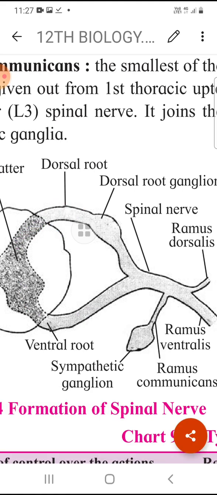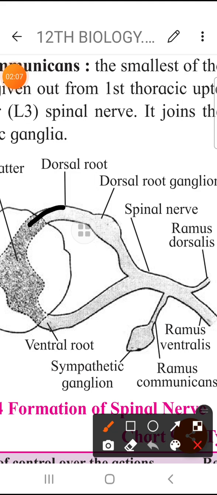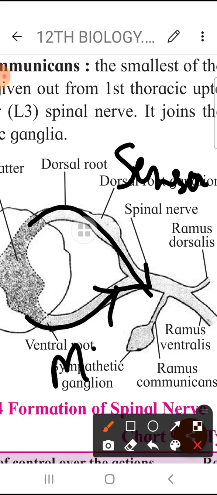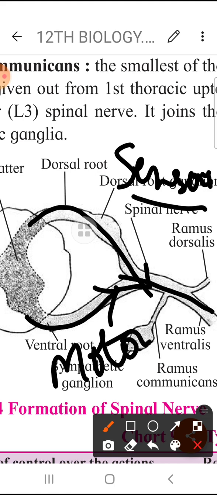So how exactly are they formed? We'll just see. Dorsal root, sensory; ventral root, motor. So motor plus sensory give rise to this part.